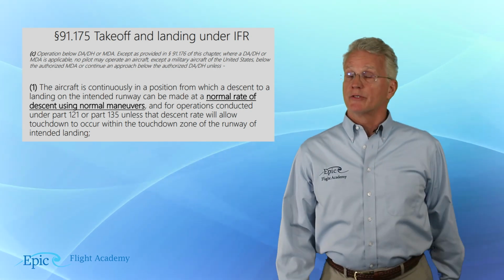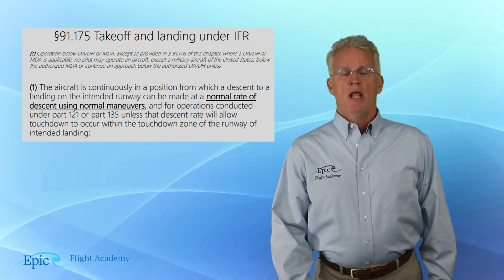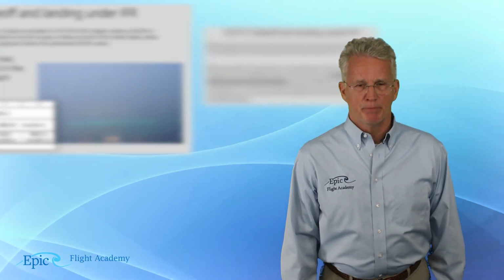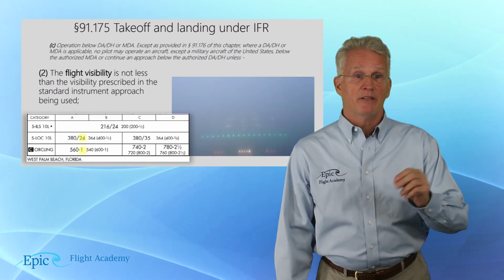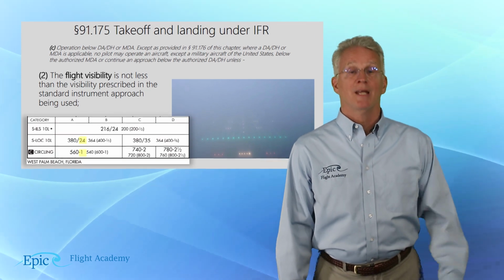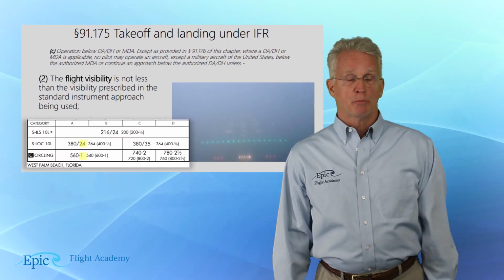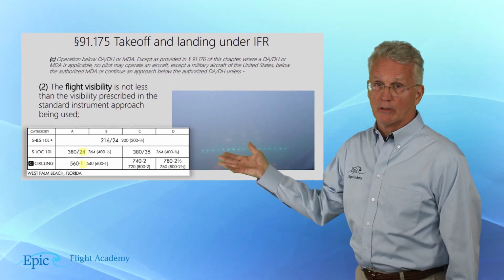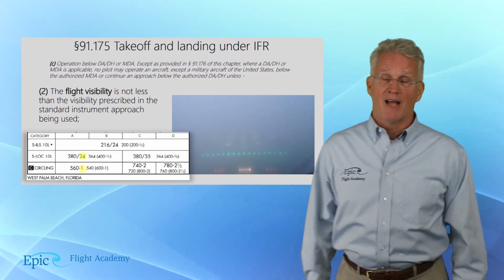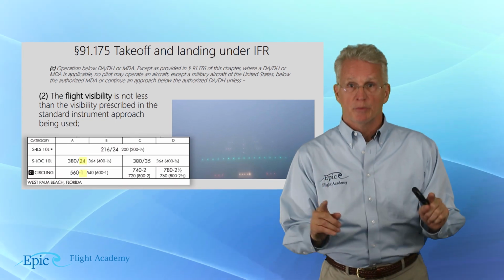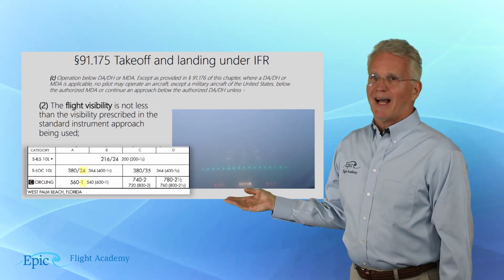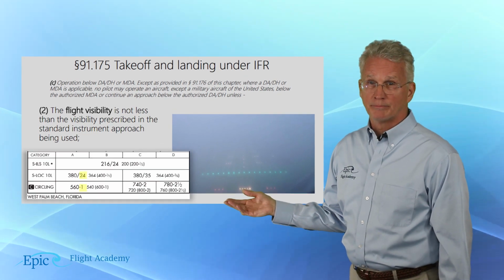Number 2, what is the second thing that I need? The second thing that I need is the flight visibility not less than the visibility prescribed in the standard instrument approach being used. Now, if you take a look at this little excerpt from an IAP, an instrument approach procedure, you can see the visibilities highlighted in yellow.